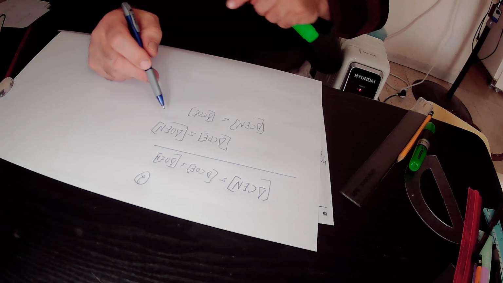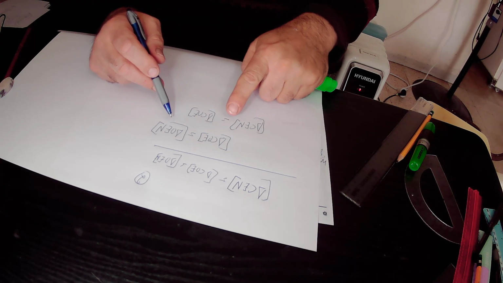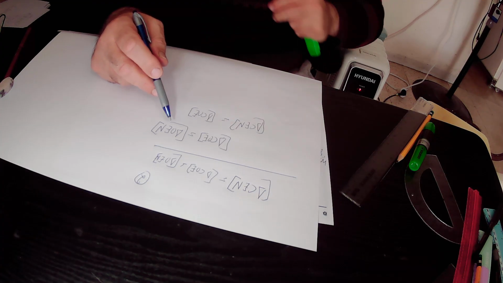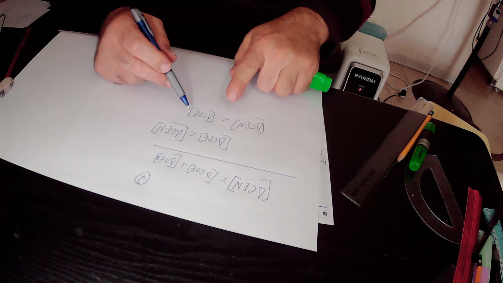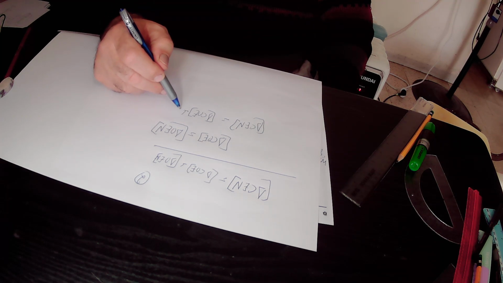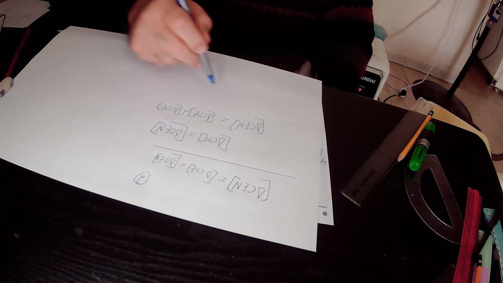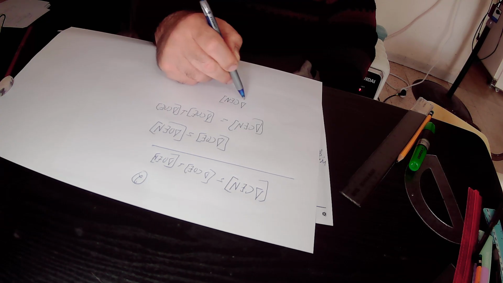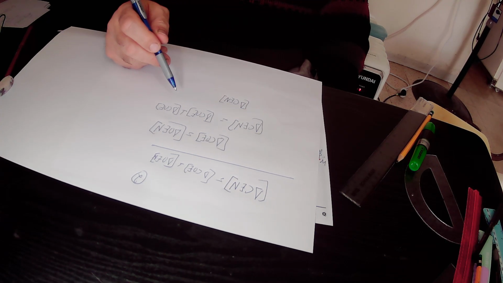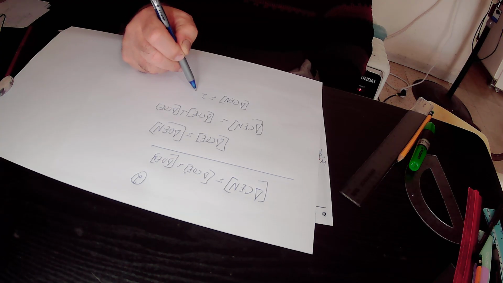But because the area of the lower triangle OEN equals the area of the green triangle COE, we substitute the area of triangle OEN by the area of triangle COE because they are equal to each other. So in total, we found out that the area of the big triangle CEN equals the area of triangle COE plus the area of triangle COE. That is to say, it is 2 times the area of the green triangle COE.